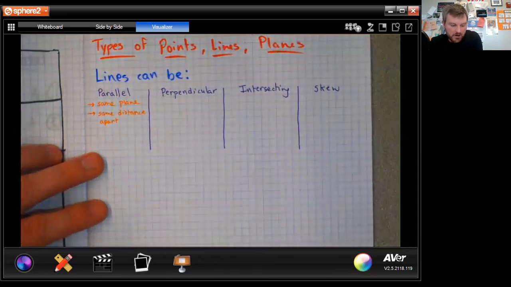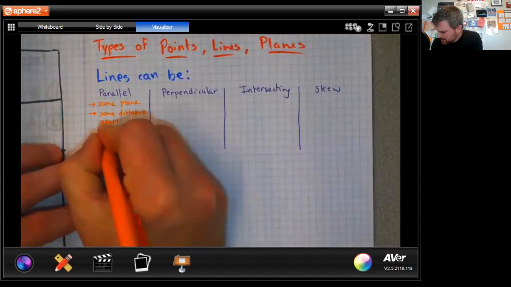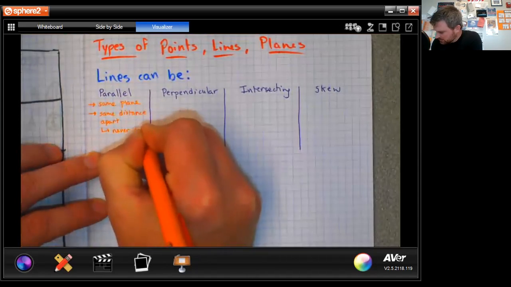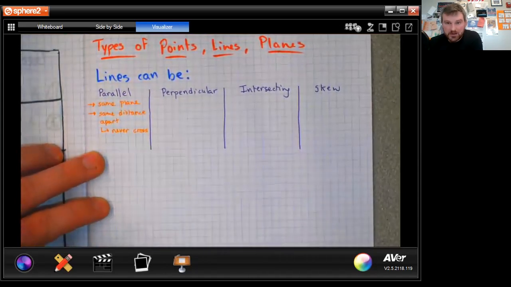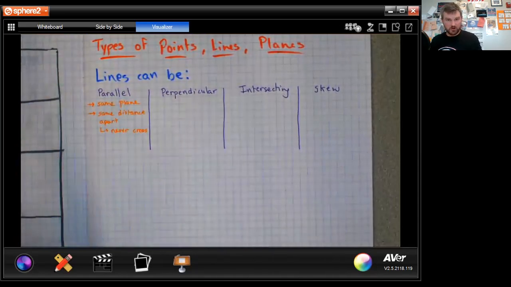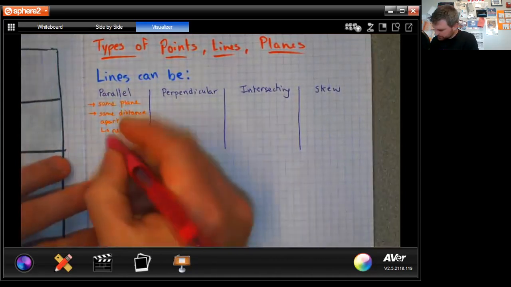There's a byproduct of parallel lines, and that is they will never cross. We don't use that as a definition, and you'll find out in just a little bit why. Instead, we use that they are the same distance apart. I call never crossing a byproduct because you're right, they don't ever cross, but we can't use that to define it.